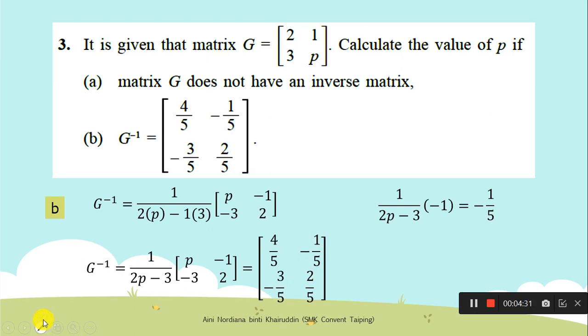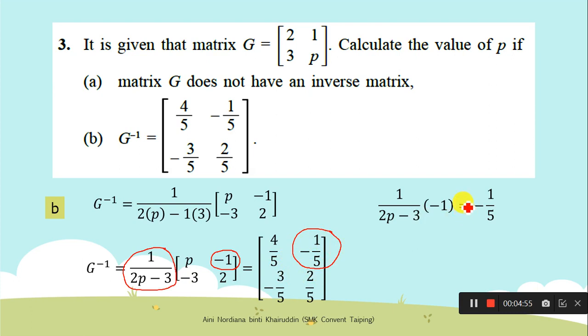I'm going to use a pen so that it is easier for you to see and understand. So I just take this, multiplied with the first row second column element, equals the corresponding element in the answer here.